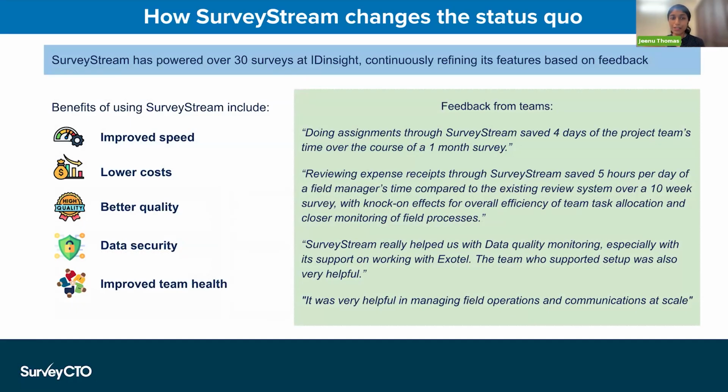Then there are definitely gains around data security because of the way in which data is accessed and shared. There are set methods and practices with using SurveyStream, which help ensure that PII is not displayed and it's on Superset, it's not on Google Sheets or downloaded on your system. And lastly, all of this effectively leads to improved team health, and there are gains on that as well.